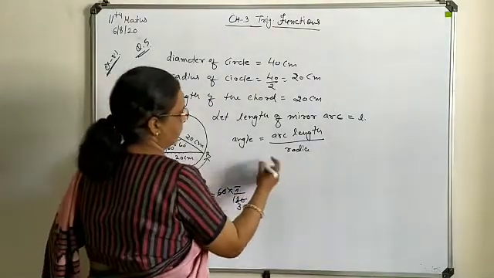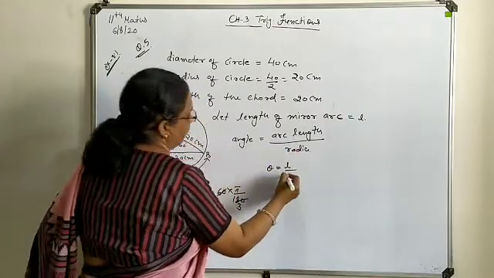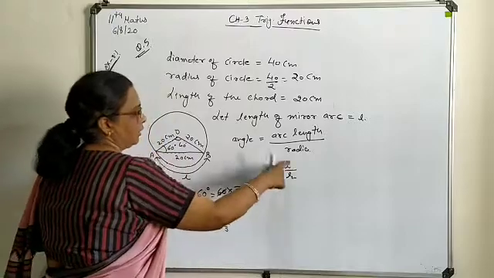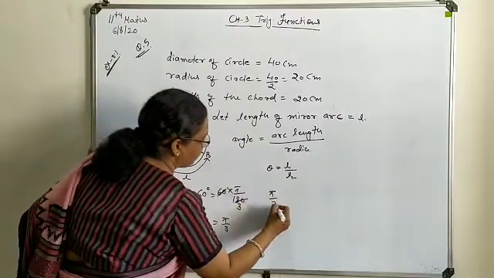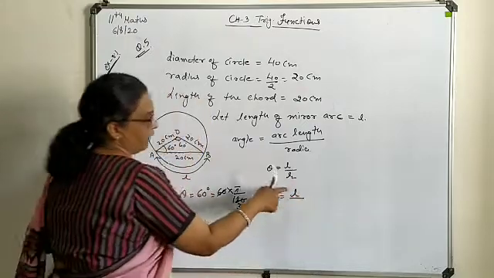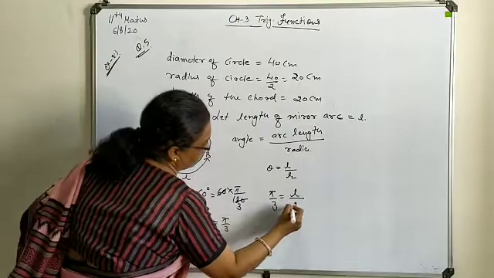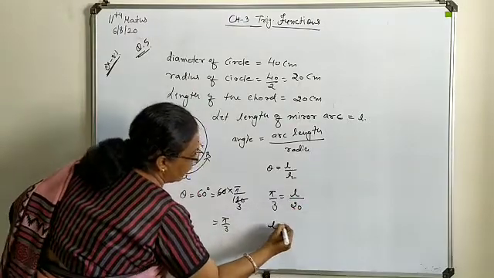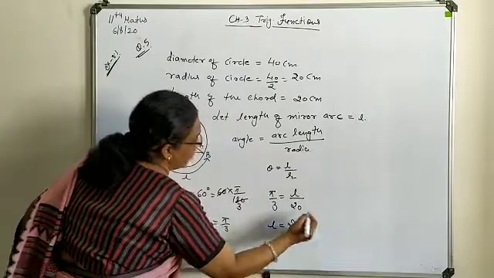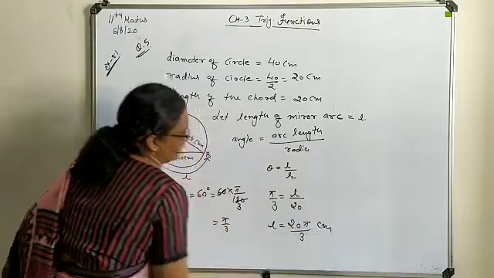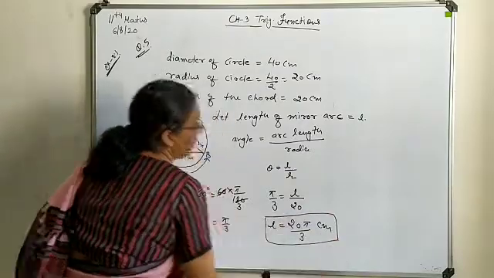Arc length is L that we have supposed, and the radius is R. Now we substitute all three things here. Theta is pi by 3, L we have to find, R, the radius of the circle, is 20. So from here L comes out as 20 pi upon 3, and since everything was in centimeter, this will also be in centimeter.